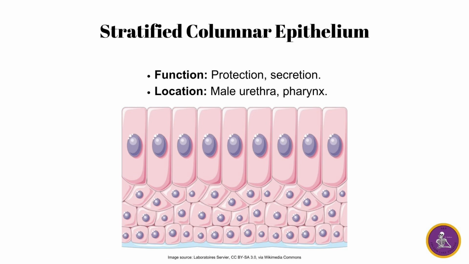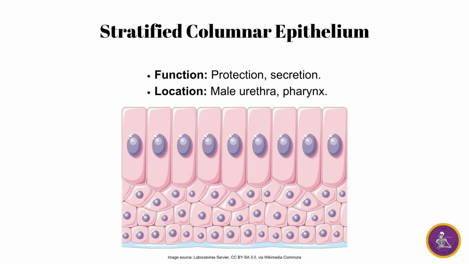Stratified columnar epithelium has multiple layers, but only the topmost layer is columnar in shape. The deeper layers can be cuboidal or irregular. This epithelium provides both protection and secretion, making it useful in locations exposed to both friction and fluid passage. You'll find this type lining parts of the male urethra and the pharynx, where it contributes to both mucus movement and structural stability.